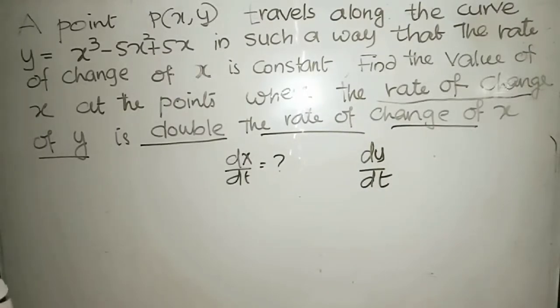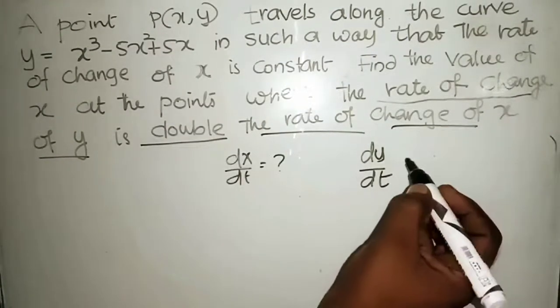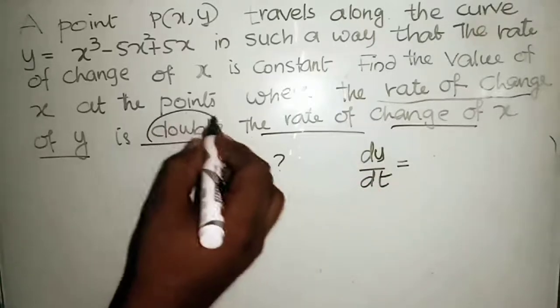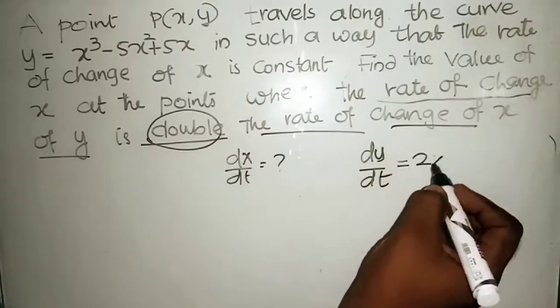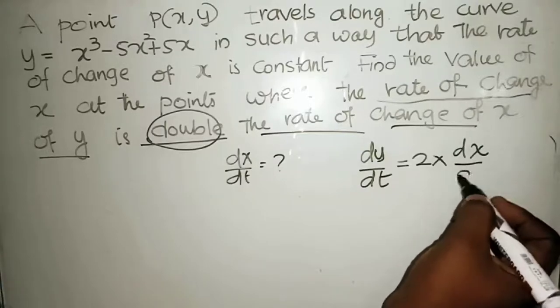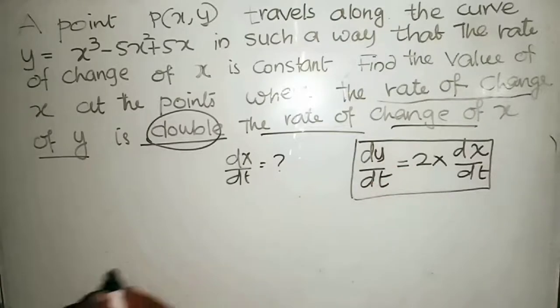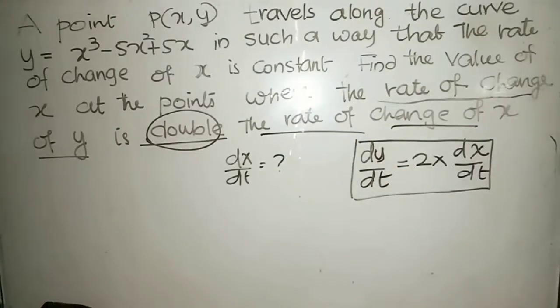Remember, rate of change is a change of a variable with respect to time t. So the rate of change of y, dy by dt, is double, 2 times the rate of change of x, which means dx by dt. This is the statement given which can be used for this question.